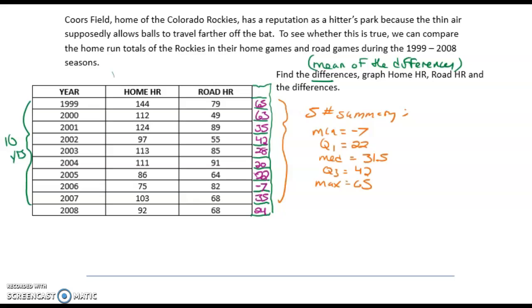So if I'm down here, let's go -10, -5, 0, 5, 10, 15, 20, 25, 30, 35, 40, 45, 50, 55, 60, 65.